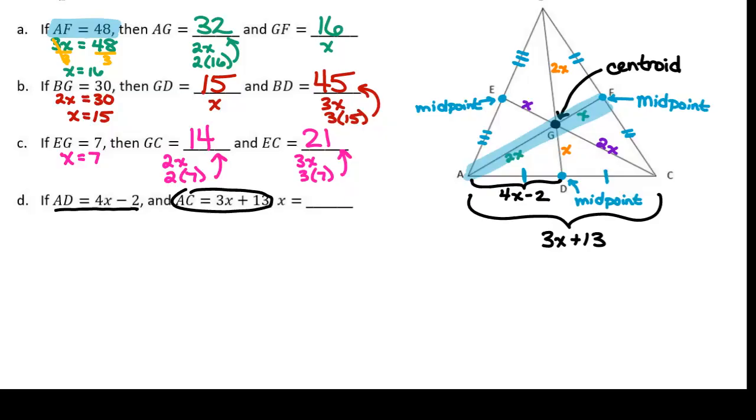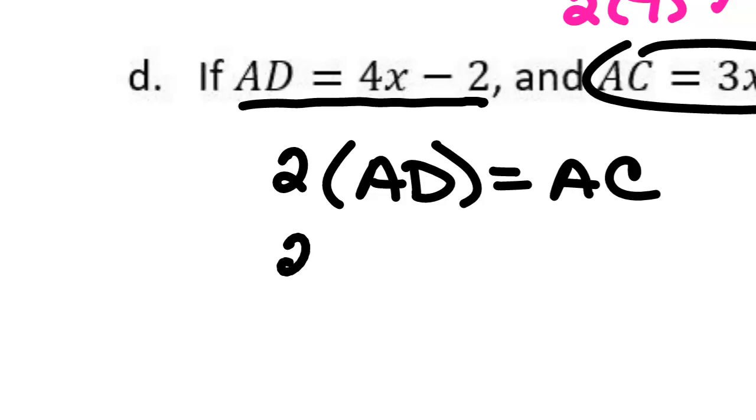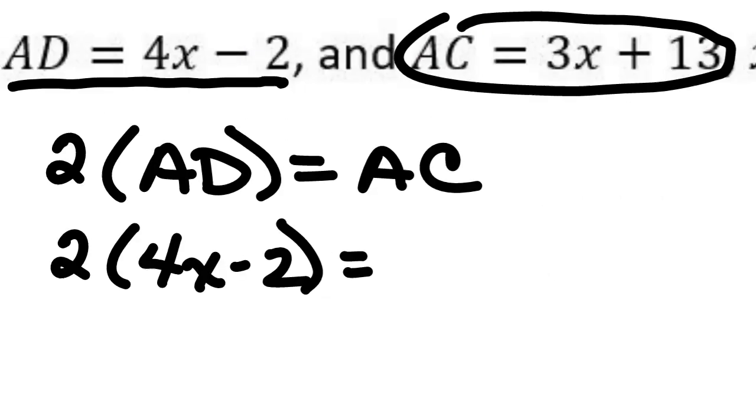What do midpoints do to segments? Split it in half. So how many segments this big do I need to make this? I need 2 of them. So 2 times segment AD gives me segment AC. So 2 times 4x minus 2 equals 3x plus 13.